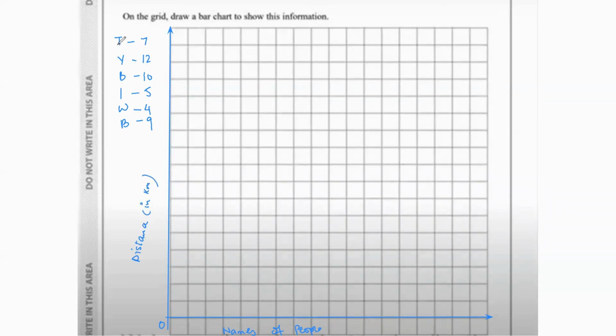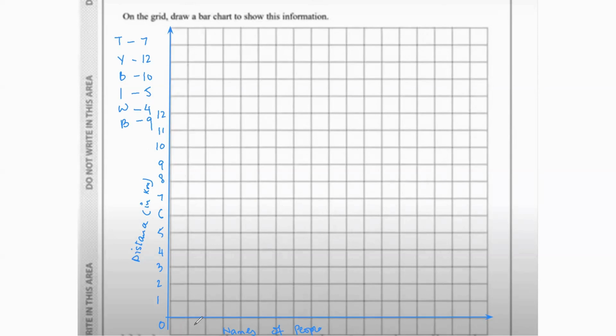Now, if we look at the distances, the highest value is 12 and the lowest value is 4. So you can say 1, 2, 3, 4, 5, 6, 7, 8, 9, 10, 11, 12.